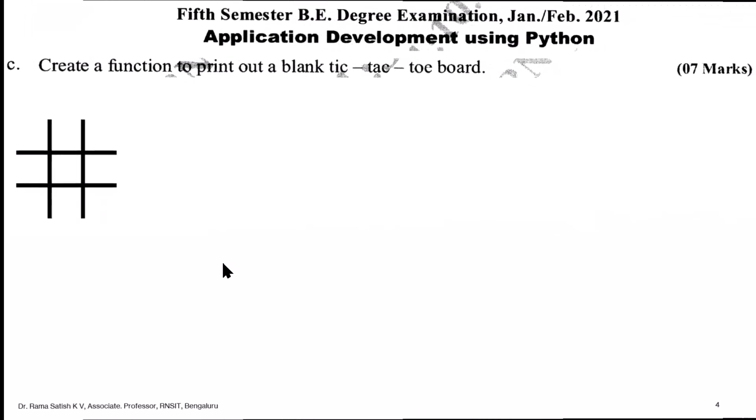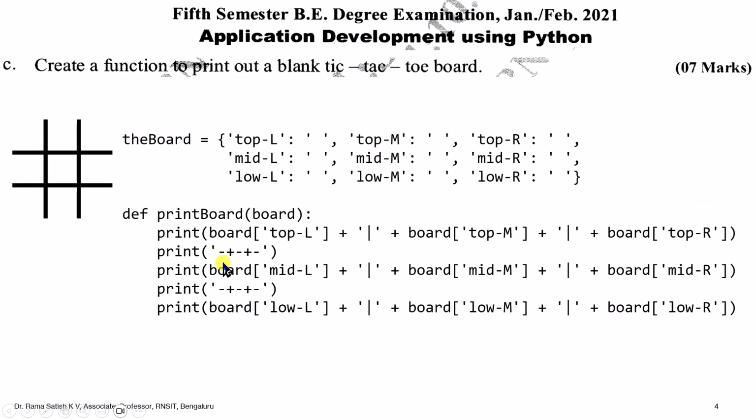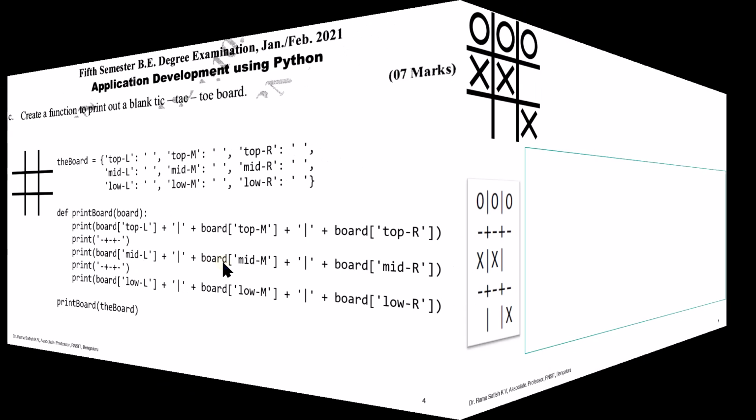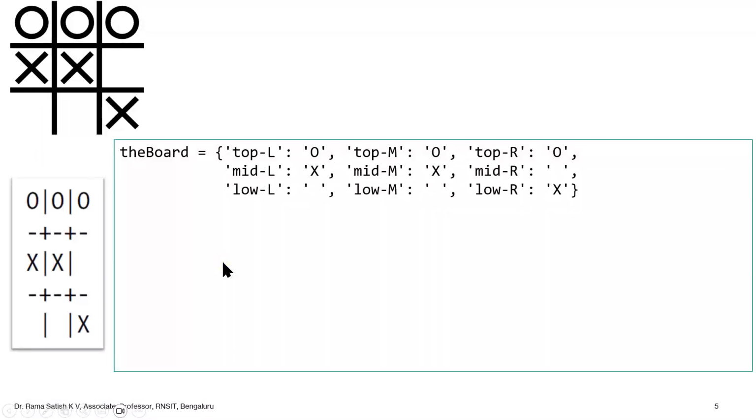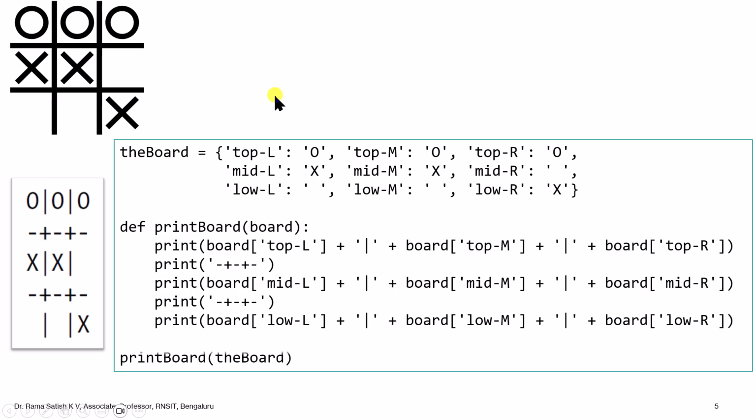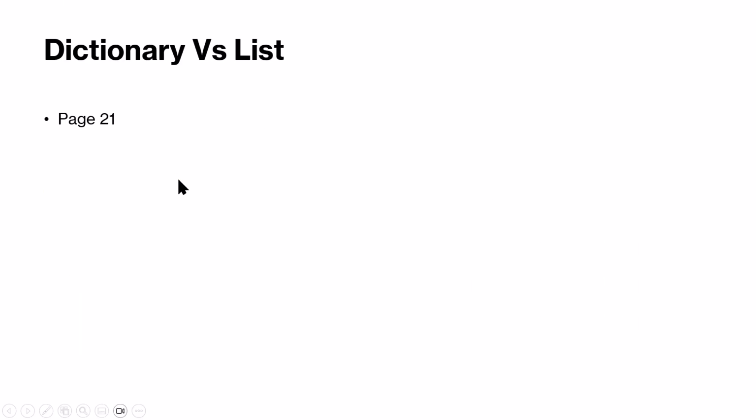We discussed printing an empty tic-tac-toe board, and also with some data fed in, how exactly it looks. And dictionaries and lists, the differences we discussed.